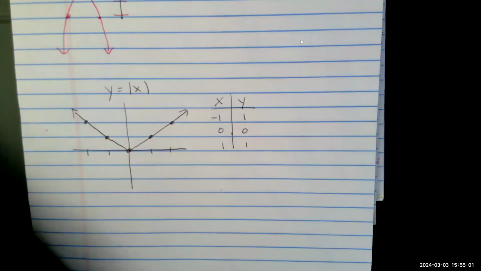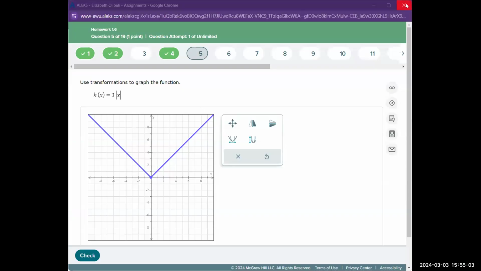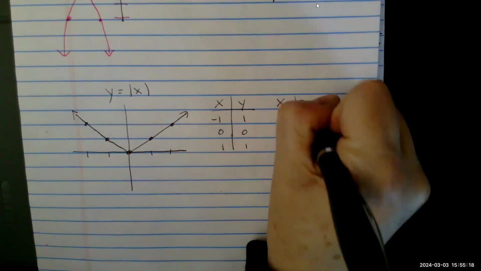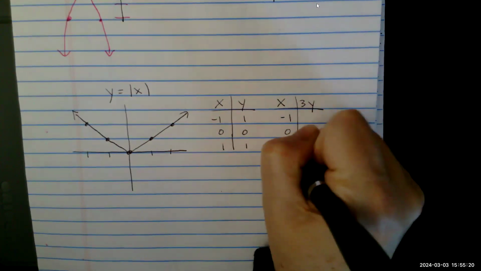Yes, so just a 3 outside. So outside is going to affect the y, and we do it exactly as we see. So I'm just going to do this one on my chart real fast and then go back. So on my chart, I just need to multiply all the y values by 3.